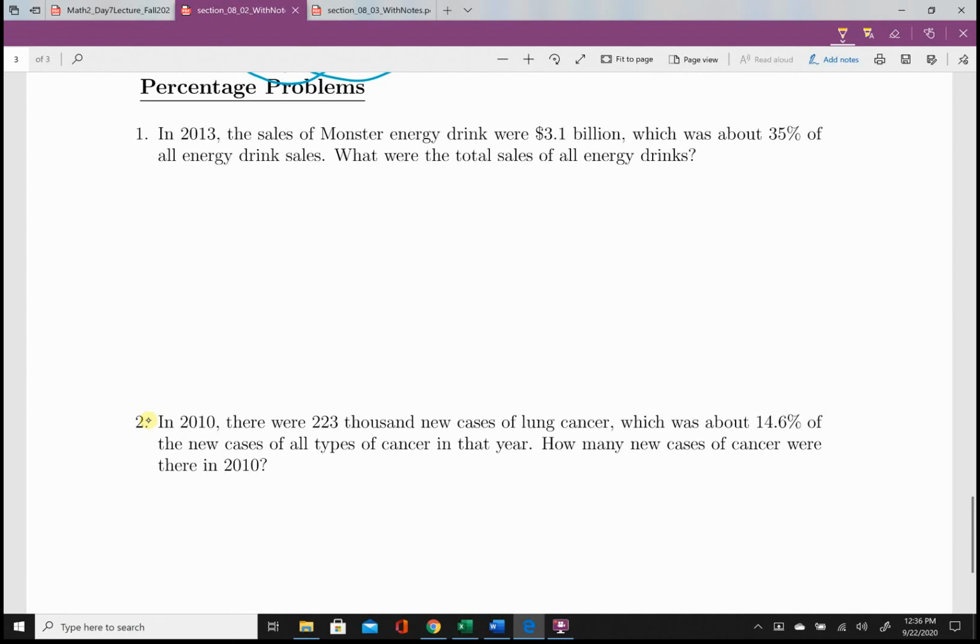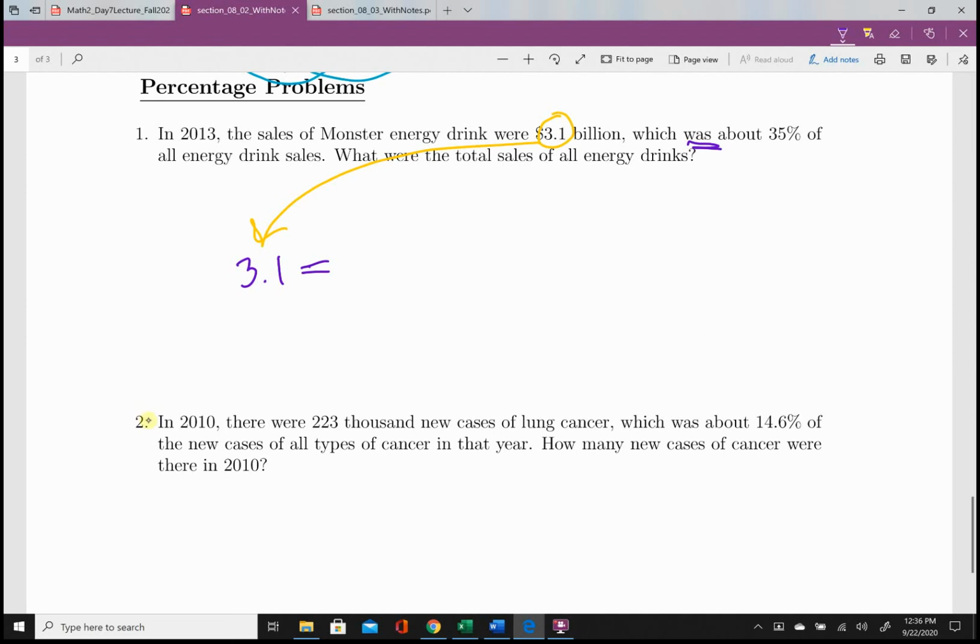Well, this 3.1 billion, we could just take the 3.1. Okay, so this was, we're going to translate was as the past tense of the form is, and is translates to the equal sign.